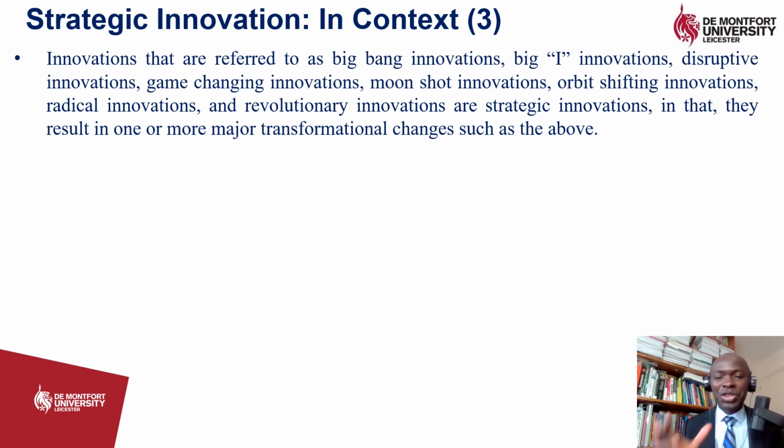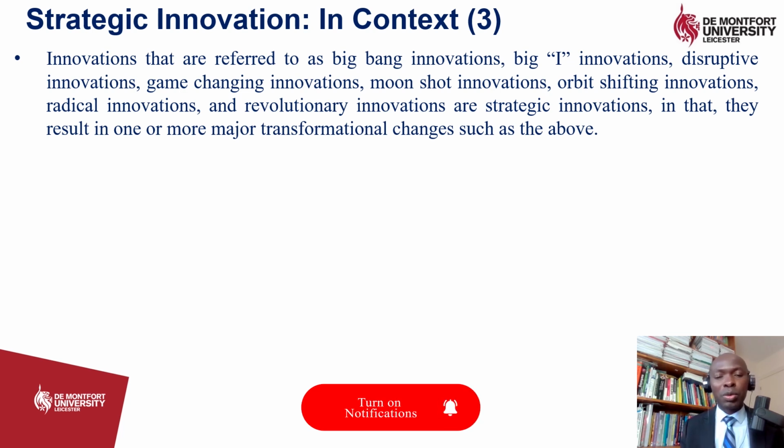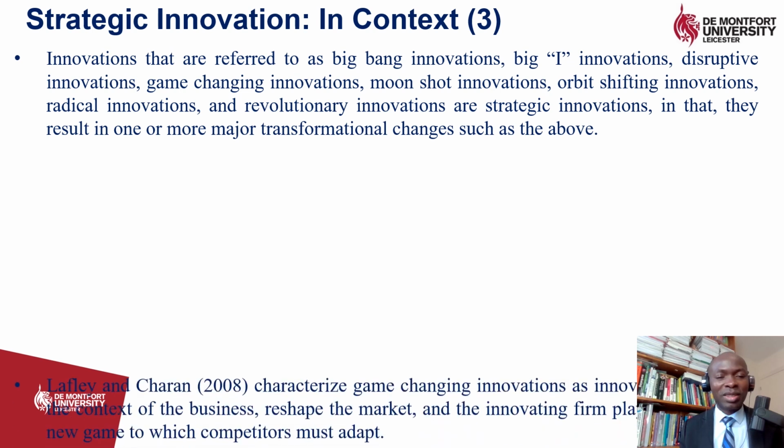They are all strategic innovation in that they result in one or more major transformational changes, such as we've described above. So these are all strategic innovation. In other words, disruptive innovations or game-changing innovations, or these ideas of moonshot innovations or orbit-shifting innovations are considered to be strategic innovations because they result in one or more transformational changes, as I've described in the previous slide.